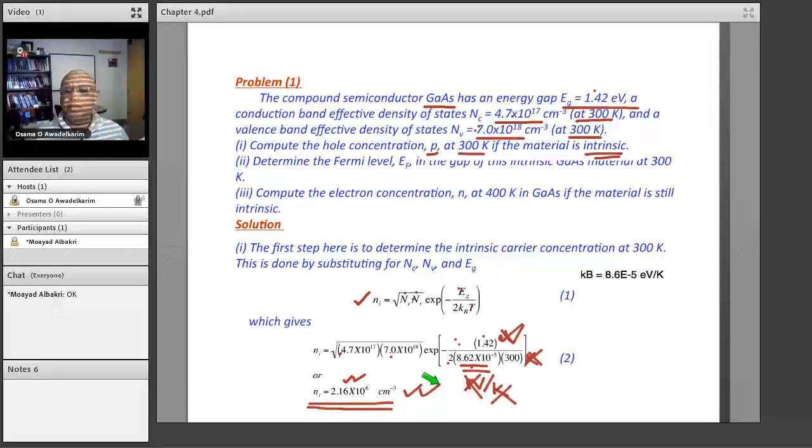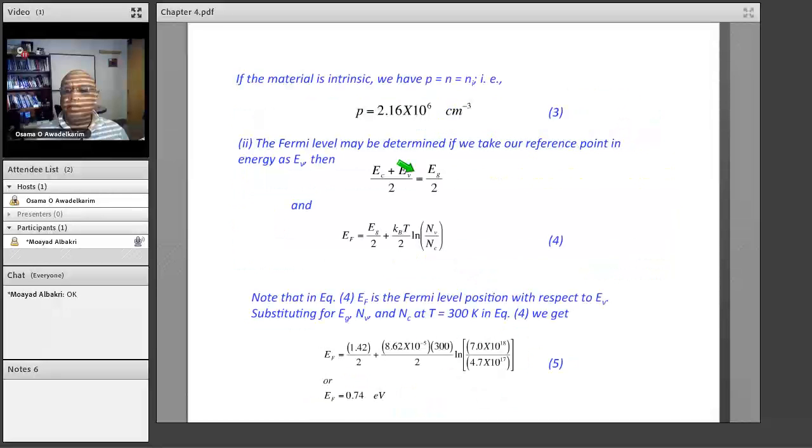Then the second question is, determine the Fermi level EF in the gap of this intrinsic gallium arsenide material at 300 Kelvin. P is the same as Ni, and N is the same as Ni, so P is 2.16 times 10 to the 6 per cubic centimeter. This is the concentration of holes in my gallium arsenide.